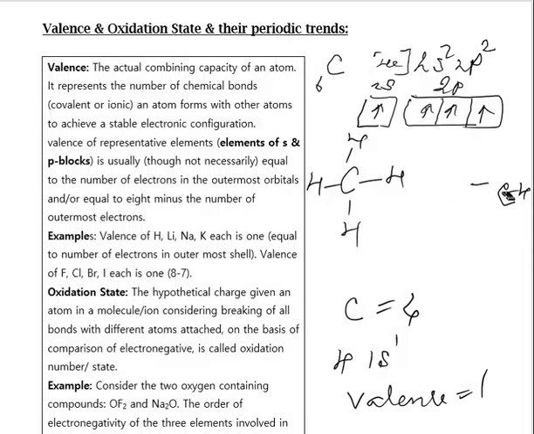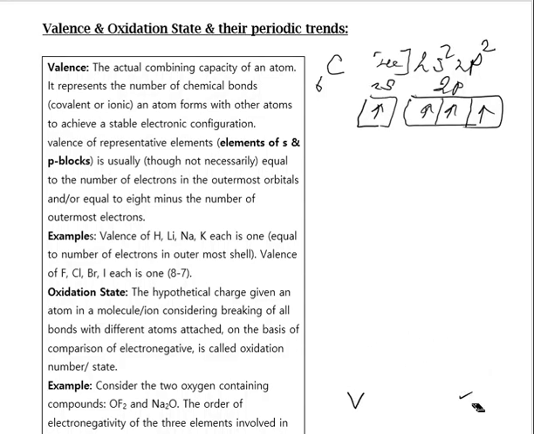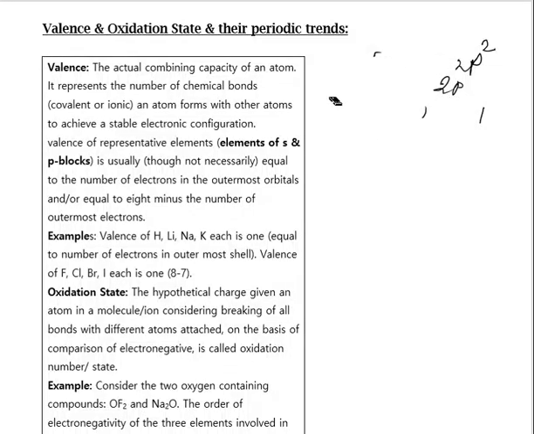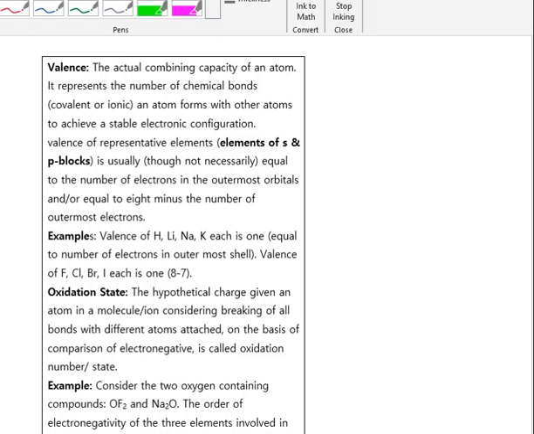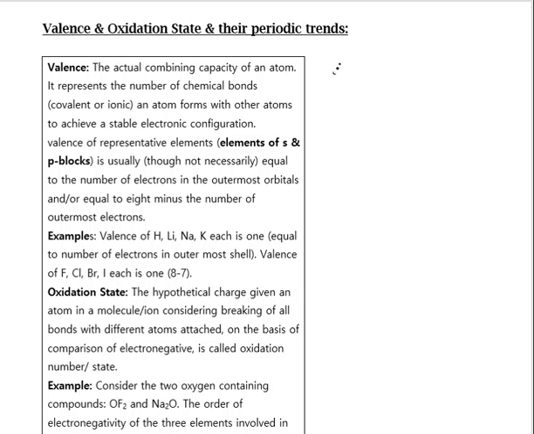Take another example. If you are considering the case of elements of group 16 or group 17, that is the case of oxygen or fluorine, then suppose we are taking the example of oxygen.